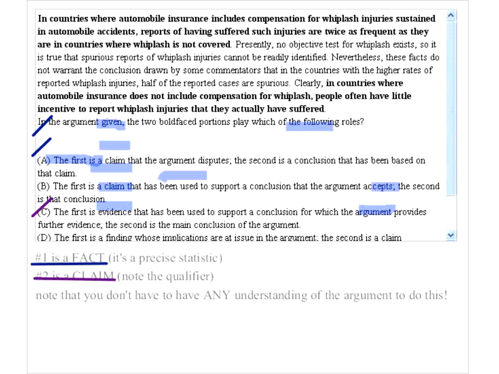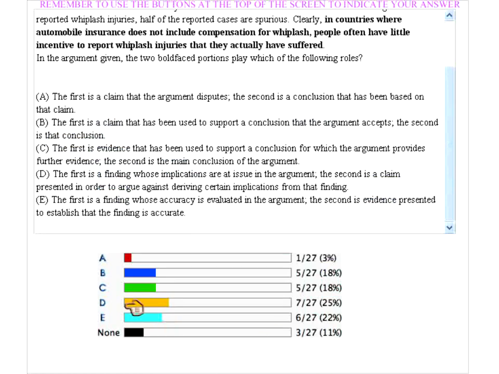Okay, now this procedure definitely has its limits. For instance, C and D both pass these 2 tests. Evidence would be a fact, and conclusion would be a claim. Finding would be a fact, and of course, claim is a claim. So we can't really get past C versus D, but that's pretty darn good, because if you look at how many answers there were that were not C or D, there were a lot of them.